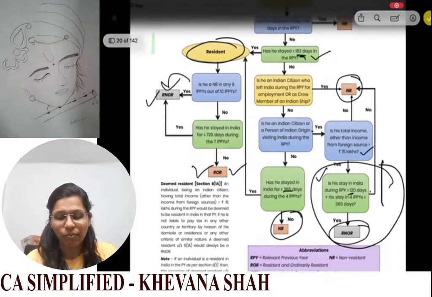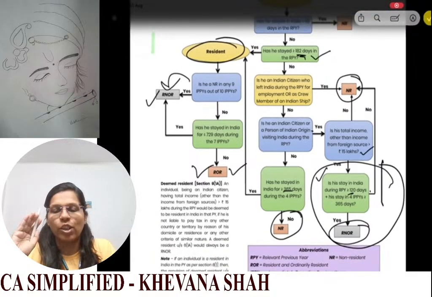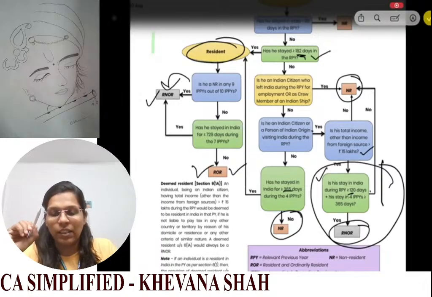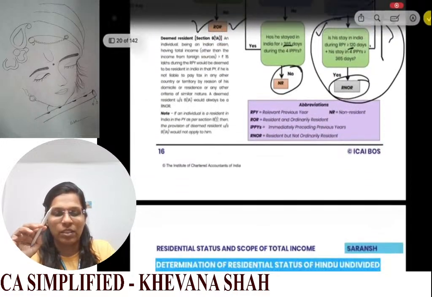Along with that, you need to be staying in India for 365 days out of the 4 immediately preceding previous years.